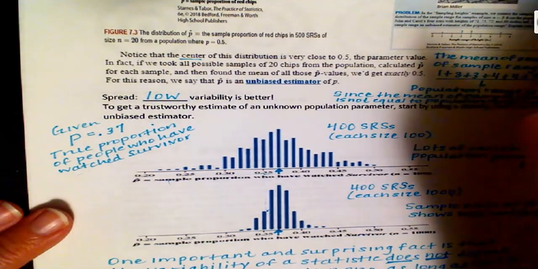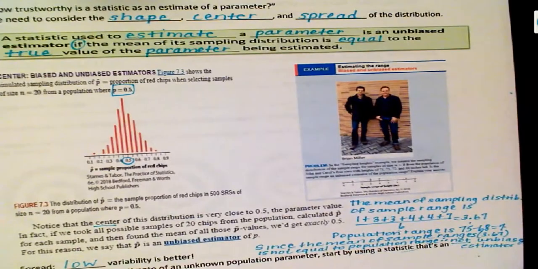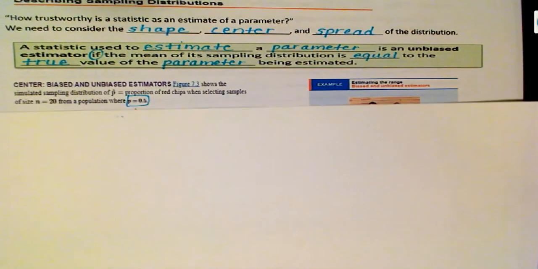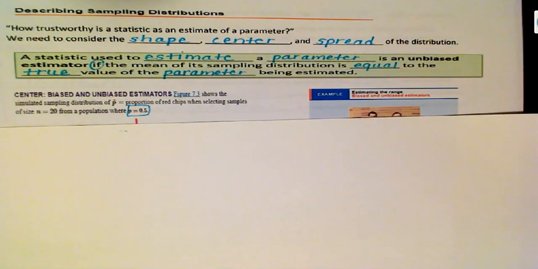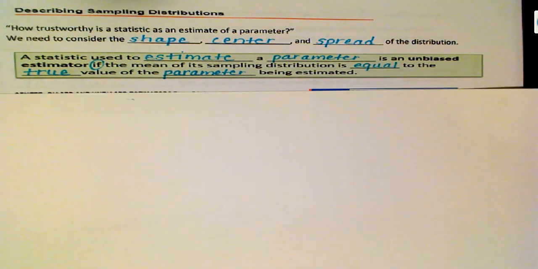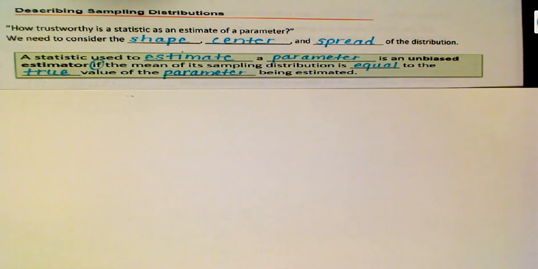All right, let's talk about how to describe a sampling distribution. How trustworthy is a statistic as an estimate of a parameter? So what they're saying is, if you find a statistic from samples, how trustworthy is it as the true parameter? So there's a couple things you need to consider: the shape, the center, and the spread when you look at a distribution.